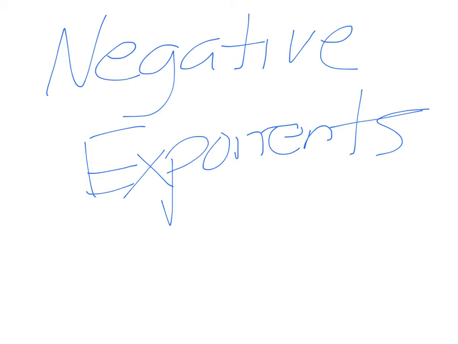That is 2 times 2 times 2. Absolutely correct. But negative exponents don't work the same way. The trick is we want to get rid of negative exponents. Now I'm going to contradict that on the homework tonight, but I'll show you why later on. The trick is to get rid of negative exponents altogether.